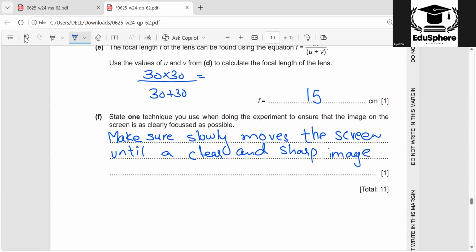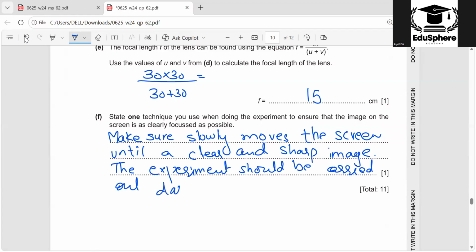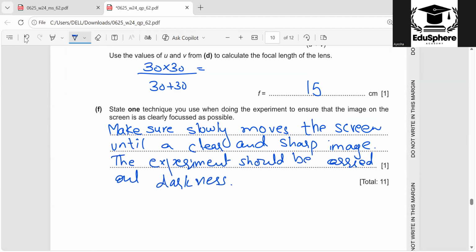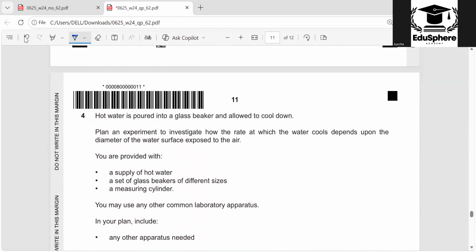Another point is that the experiment should be carried out in the dark, darkness to see the clear image. So this is just one suggestion.